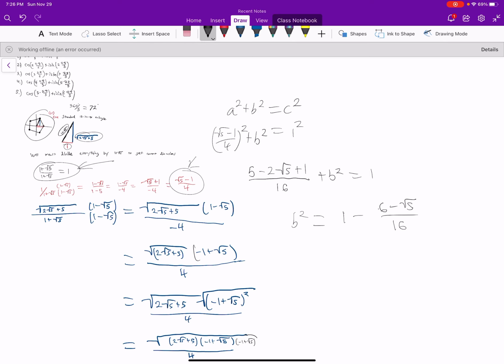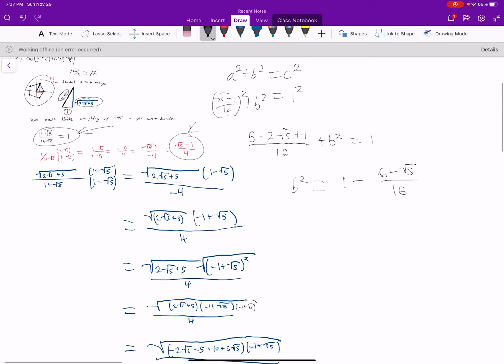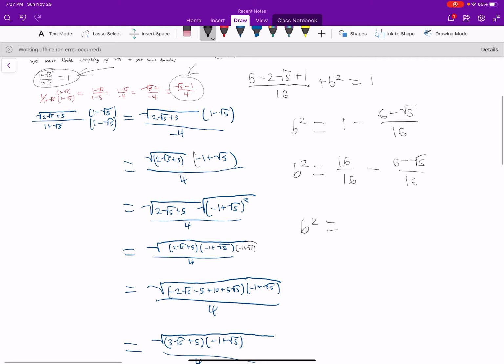And then b squared is going to be, well, let's just make this 16 over 16 minus 6 minus 2 root 5 over 16. And that means b squared equals 16 minus 6 plus 2 root 5 all over 16. And so b squared equals 10 plus 2 root 5 all over 16.